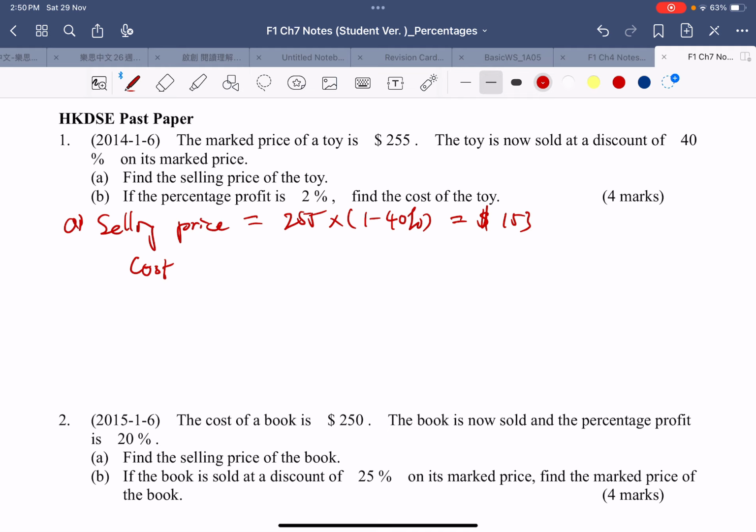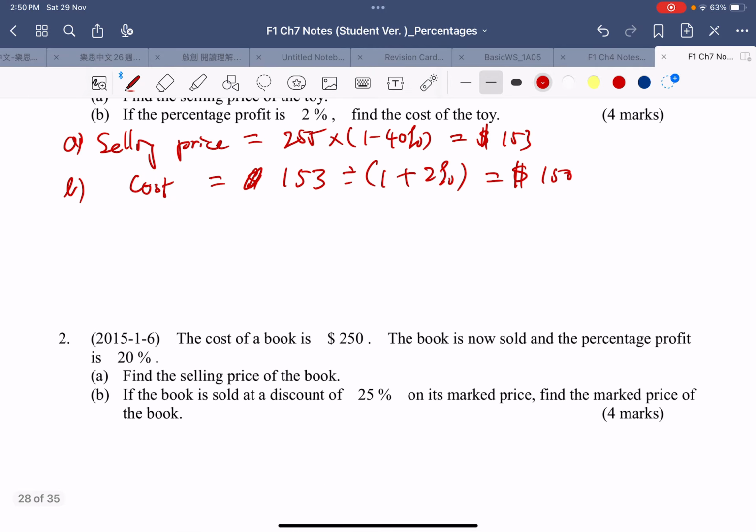This is part A. Part B, okay, cost is 153 divided by (1 plus 22%). I don't set up an equation, I just simply use the relation. Okay, gives you the answer, $150.